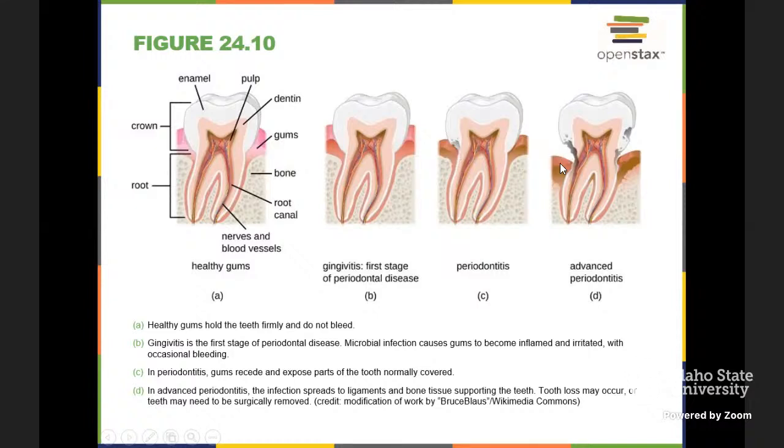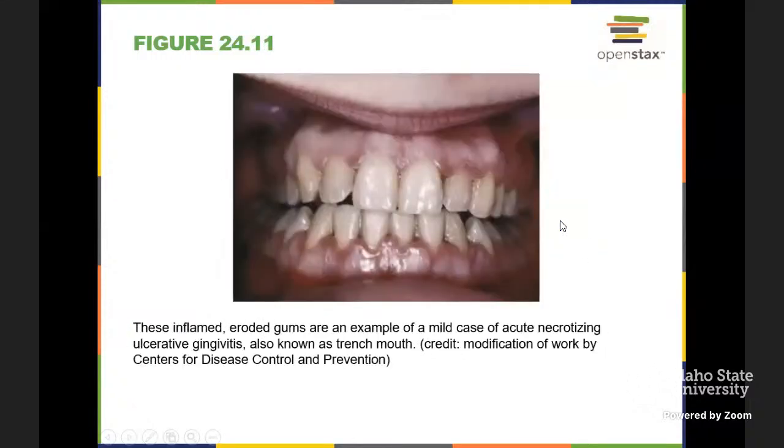We see greater erosion of the gum line, and now areas of the tooth that aren't covered in enamel are exposed, and the potential for microbes to get in considerably easier, lending to loosening and potential tooth loss as a result of advanced periodontitis. Skipped over.